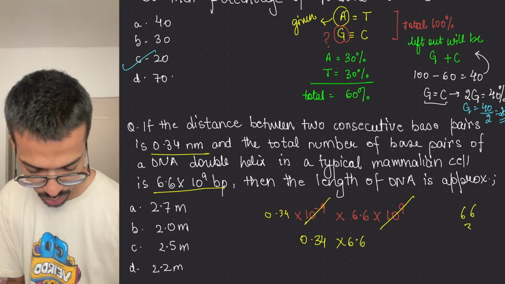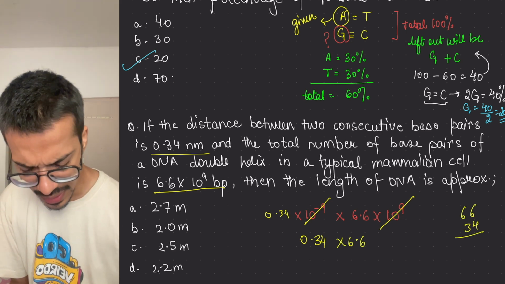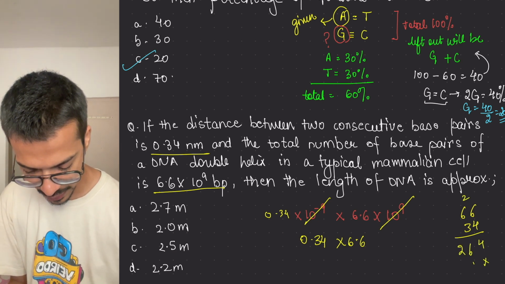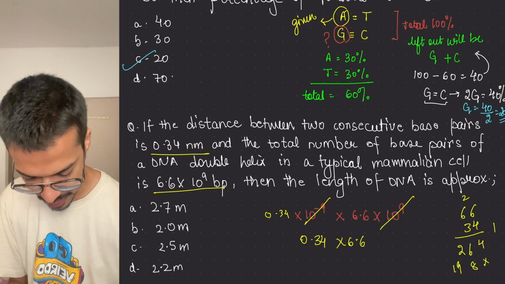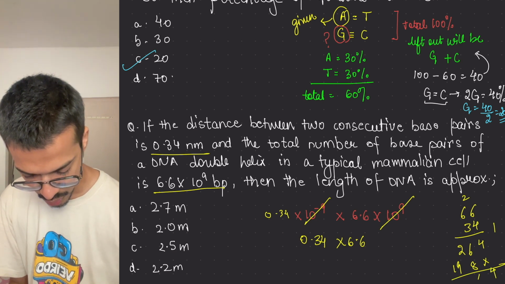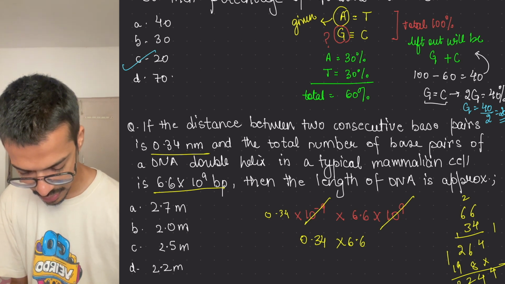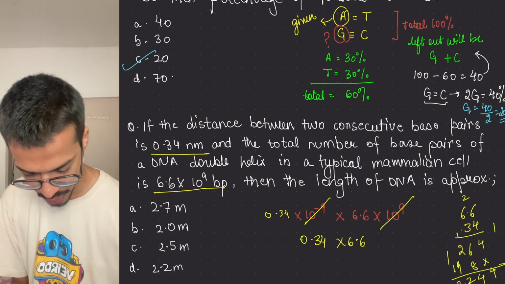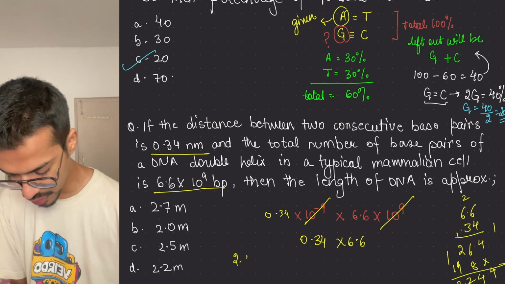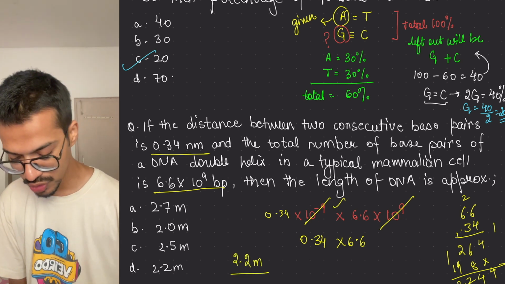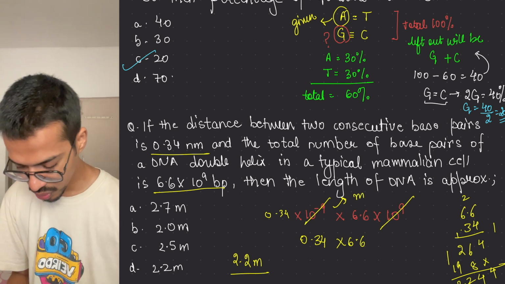So 66 into 34, that is 6 4s are 24, 26, 18, 18, 19, 4, 4, 9, 10, 11, 12. And we have 3 decimal places, 1, 2, 3. So that is 2.2 meters. We have changed it to meters. So this is the answer.